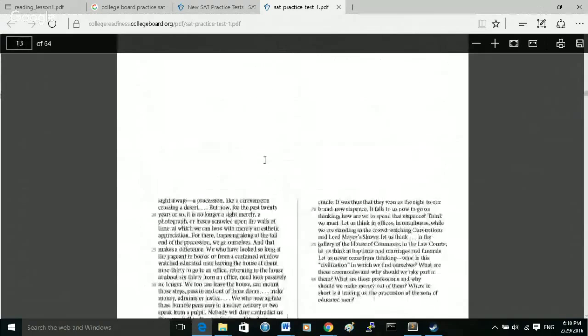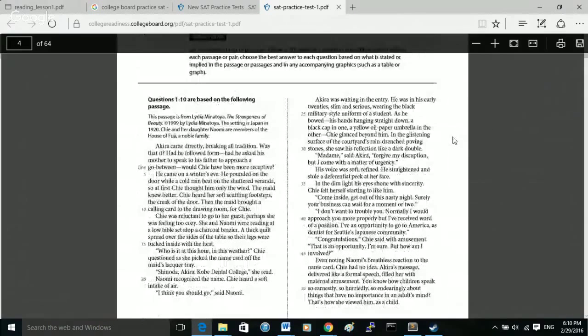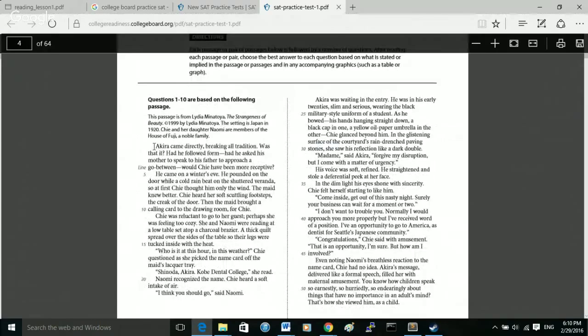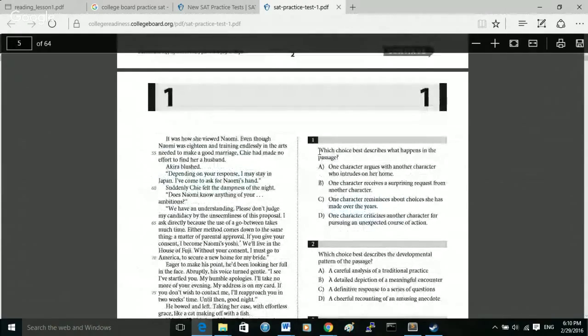So there's going to be 5 passages that you have to split between 65 minutes. All right, so let's just go ahead and work through the first passage. So this is the first thing you see once you start the test, and one of the strategies is to actually skip the passage for now and go directly to the questions.